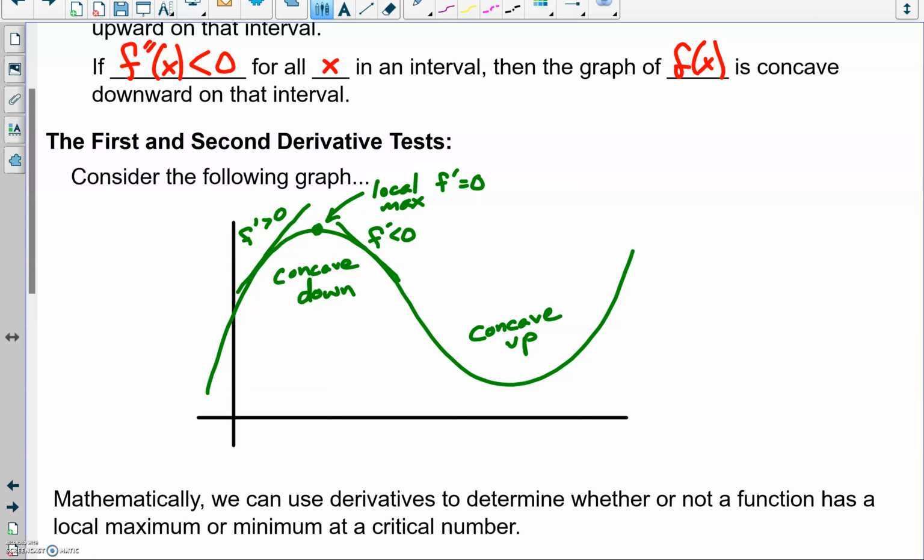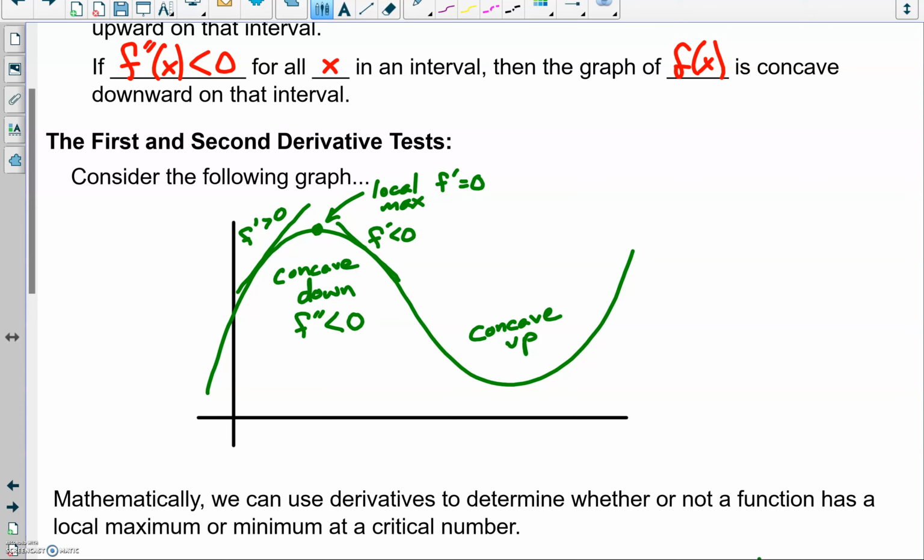So one thing that we're going to see here is that there is something to be said about when your first derivative changes from increasing to decreasing, you're going up and then you turn around and go down. It should make sense. You've reached a high point before you started going back down. And we're going to see that this concave down, f double prime less than 0, is going to help with that as well in one of the tests.